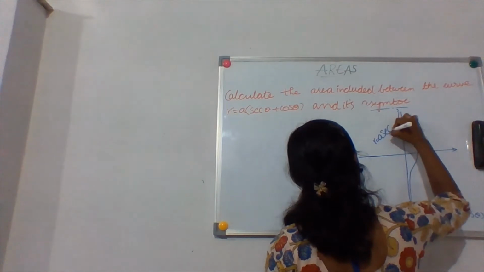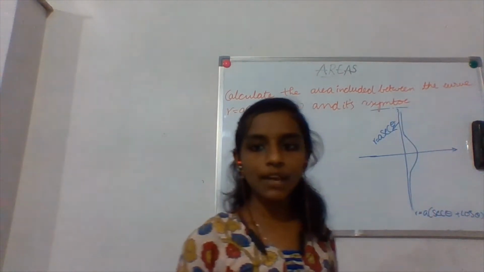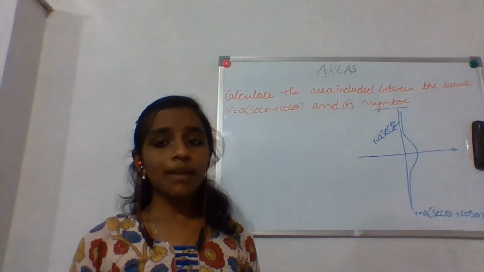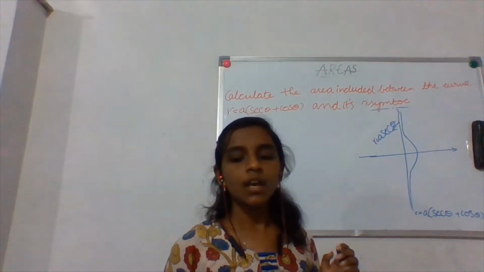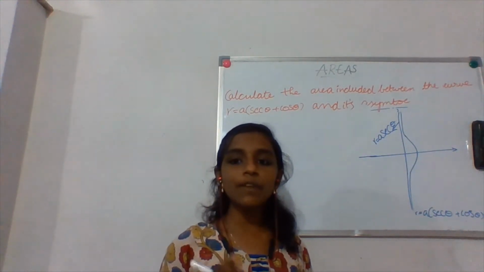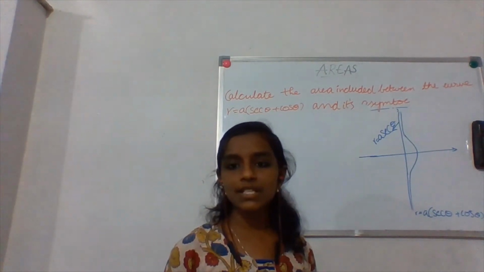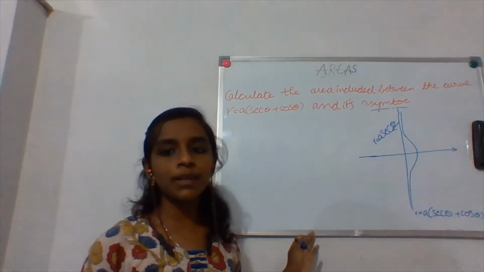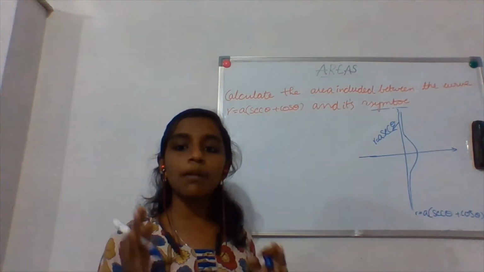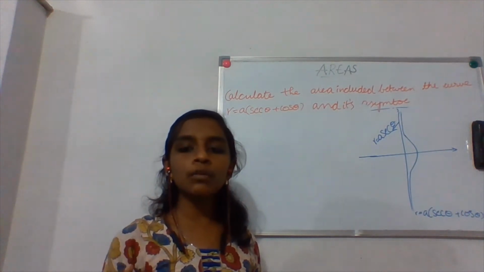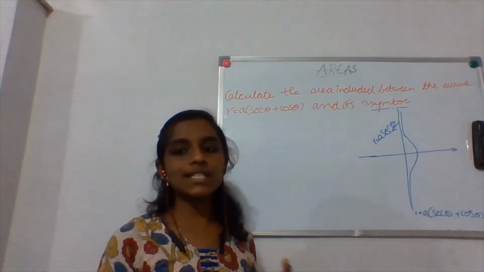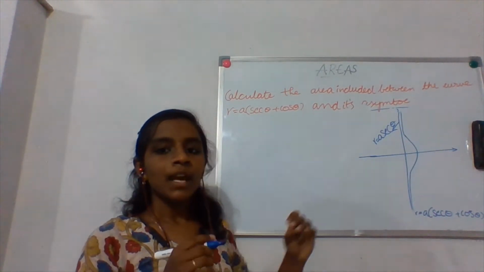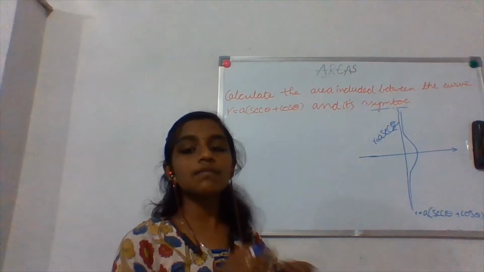You may ask me, how did you know that the asymptote is this? Actually, finding an asymptote is a very big process, and to solve this problem you need not show the complete procedure of how to find the asymptote of this curve. You can easily remember it by heart.